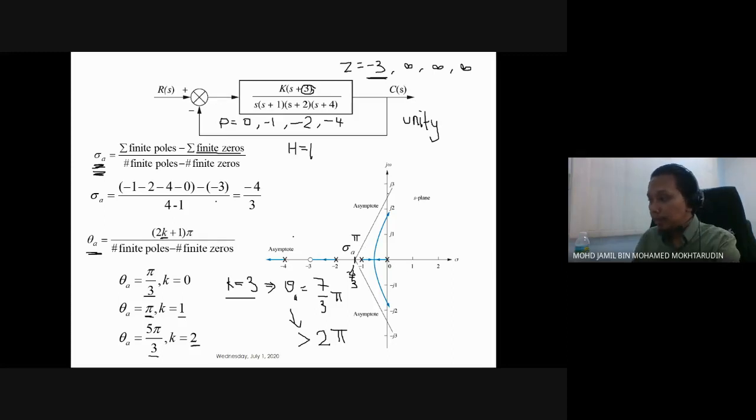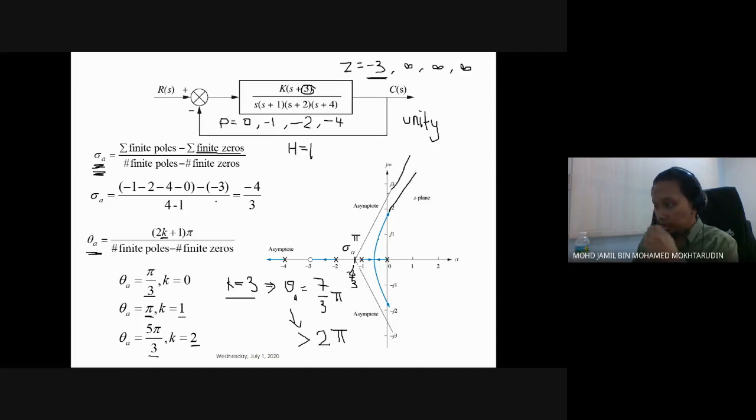But for now you need to know that there are two formulas for asymptotes. The first one is sigma A, and the second one is theta A. And then this asymptote will be the line where your root locus will never cross. So if you look at this blue line here, when you sketch the root locus, the root locus here will extend and will not intercept the asymptote.